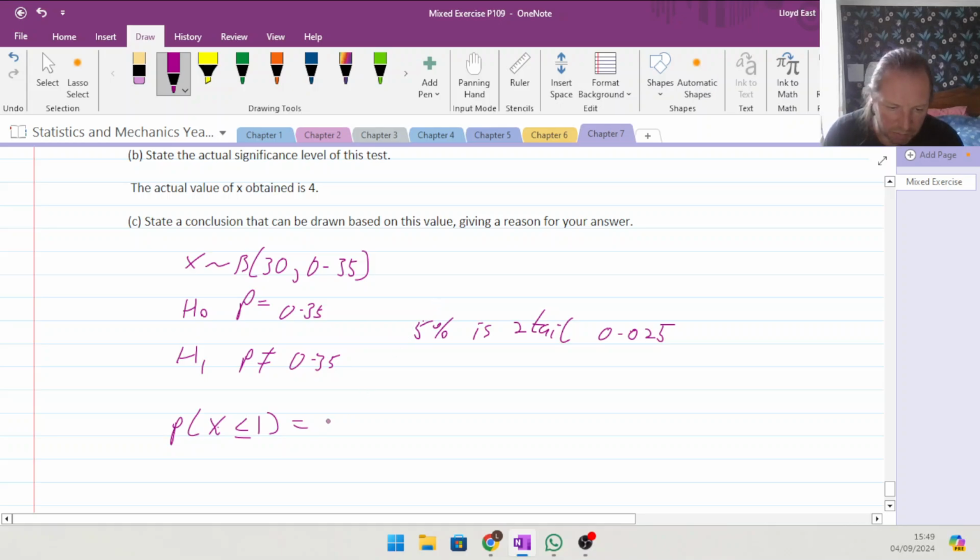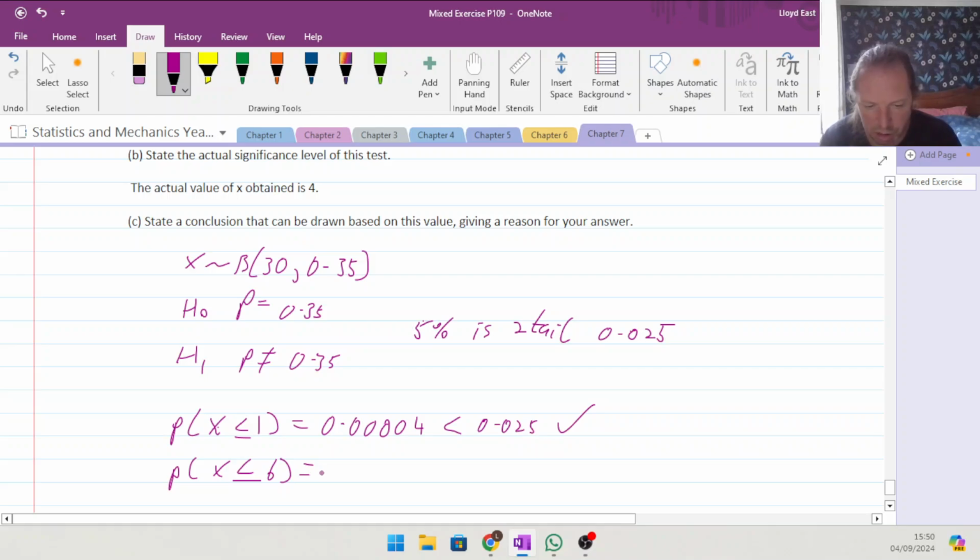Let's just write that one in. 0.0004, and that is smaller than 0.025, so that's acceptable. I think we probably need to go a little bigger with this one. Let's jump up to 6.